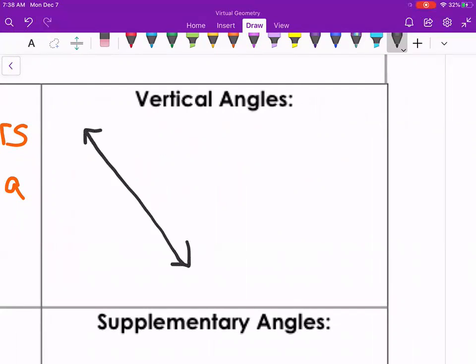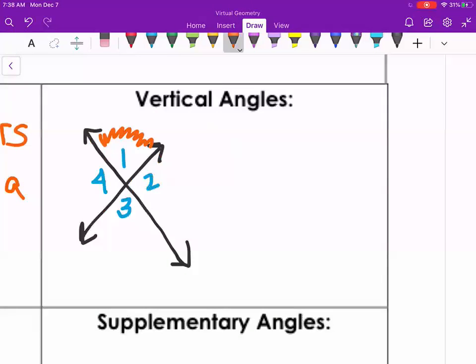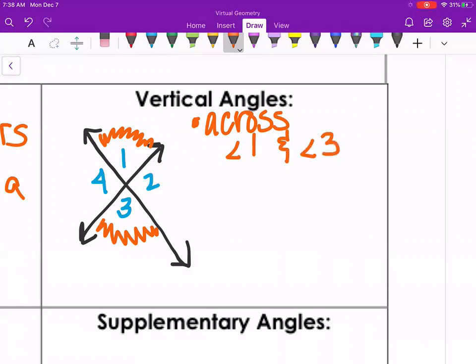All right. Then we had vertical angles. Vertical angles happened when two lines cross. Let's get some angle spaces in here. All right, so remember your vertical angles were across from each other, so angle 1 and angle 3. They are across. So angles 1 and angle 3.